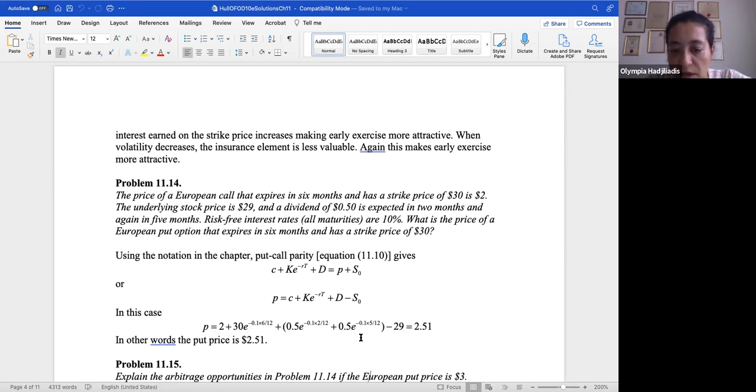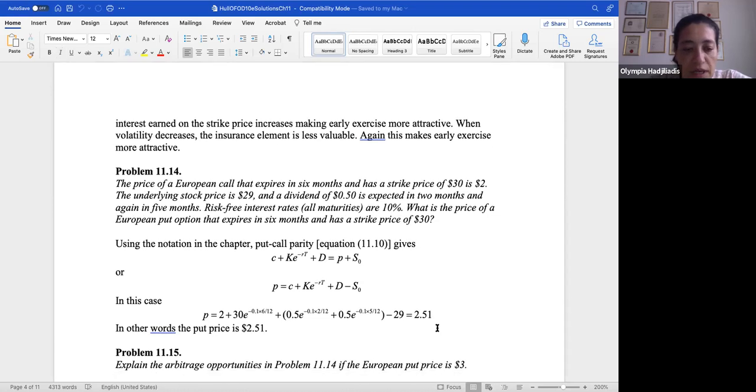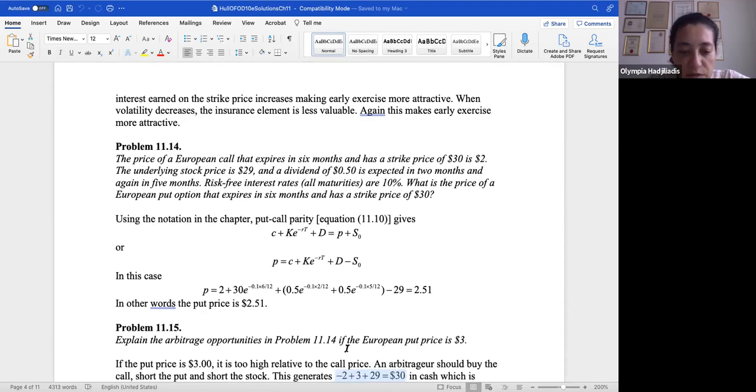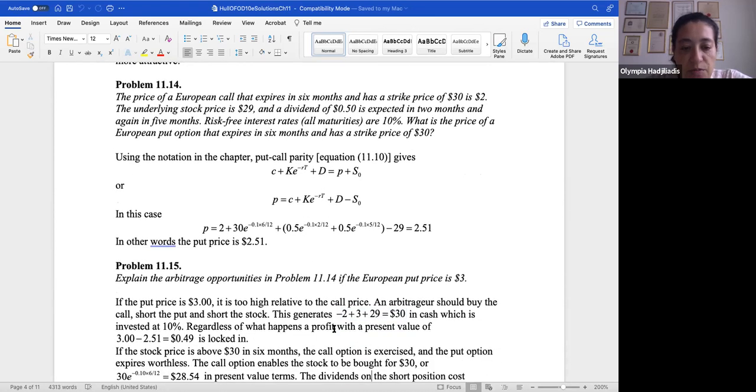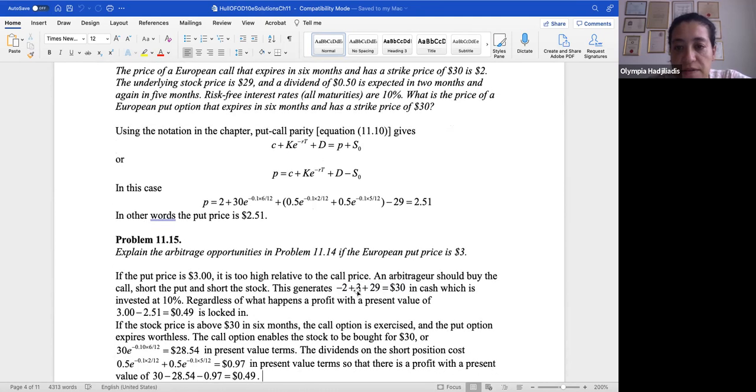This is the present value of the dividends, 0.5 e to the minus 0.1 times 2/12, because one is due in 2 months, and the other one is due in 5 months, so 5/12 over here, minus 29, which is the stock price. And you get 2.51. In other words, the put price is $2.51.